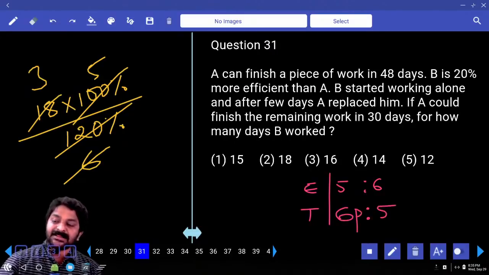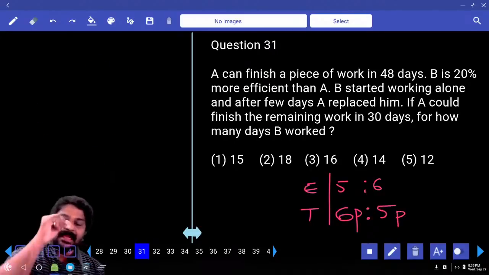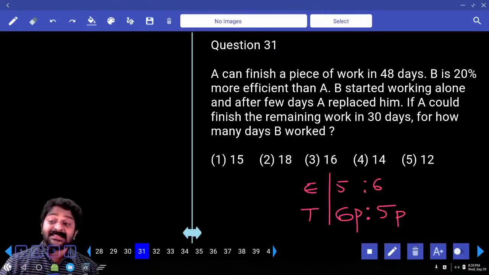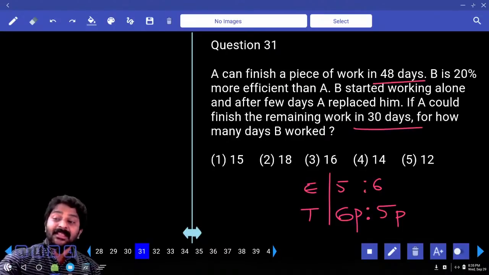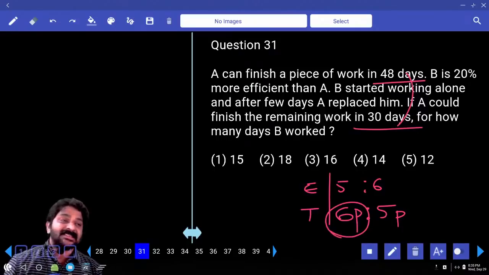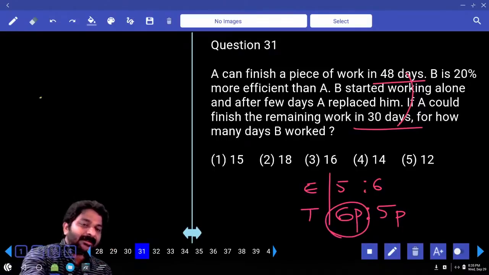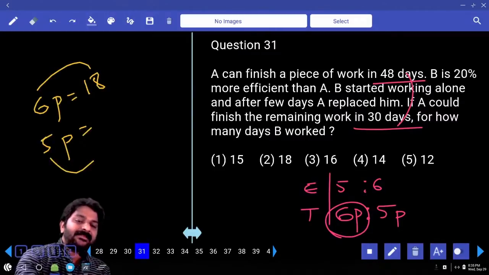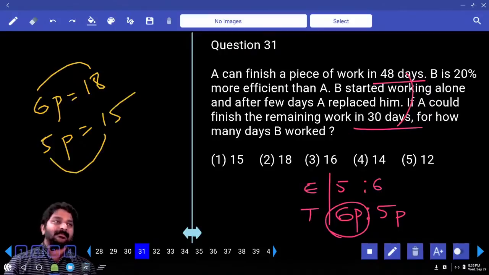A takes 6 parts and B takes 5 parts. A can complete the total work in how many days? Remaining work is done in how many days? Then the difference is 1 part, so A can complete the work in 6 parts, which is equal to 18. If 6 parts is equal to 18, how much is 5 parts? 6 how many times? 3. 5 times 3, 15.